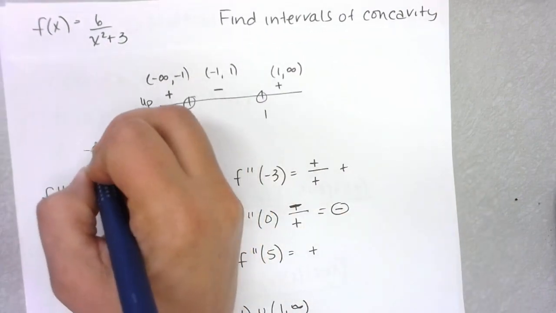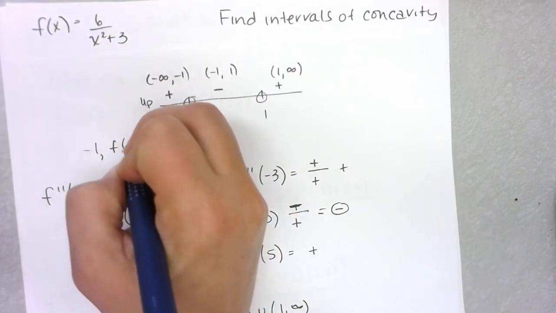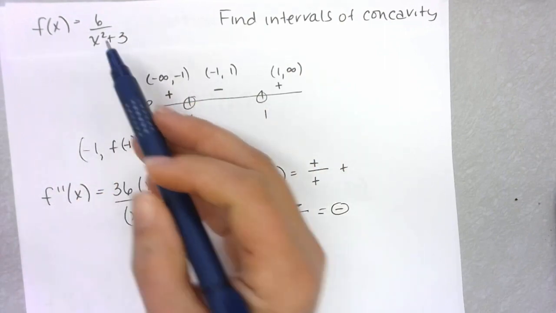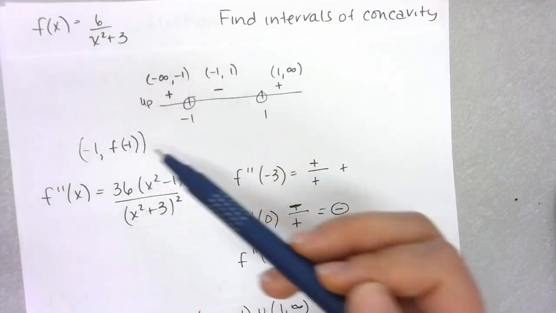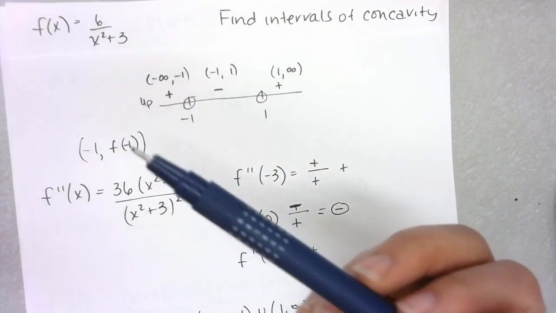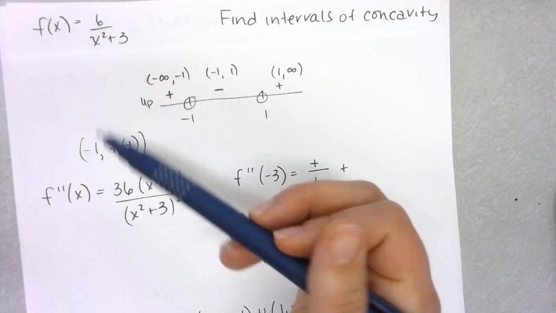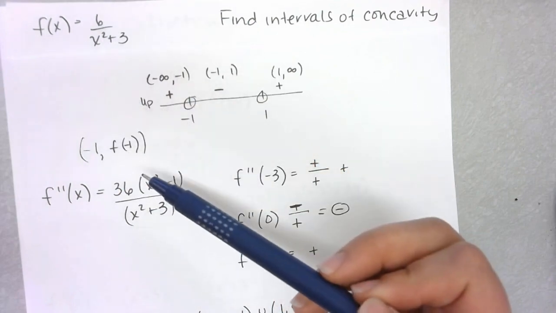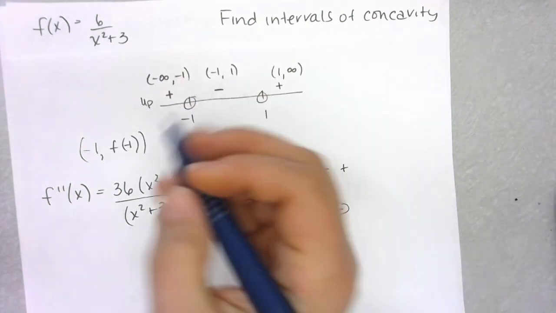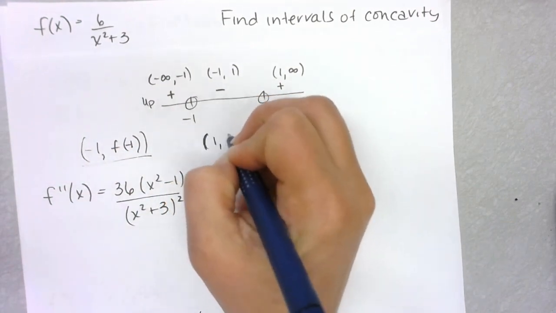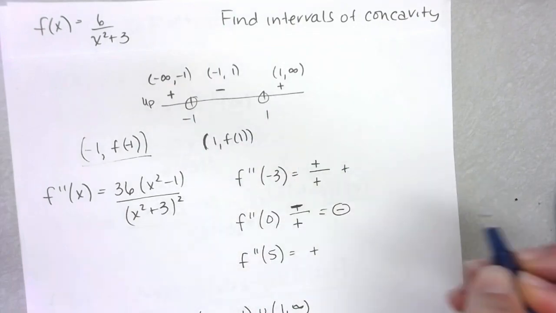And I would find the other coordinate by plugging them into f. When it's a point on the graph, I go back to the original. So my f double prime gives me at what x value I'm going to have the point of inflection, and then I plug it back into regular f to find it. So this would give me a point of inflection, and also the point 1, f of 1, would be a point of inflection.